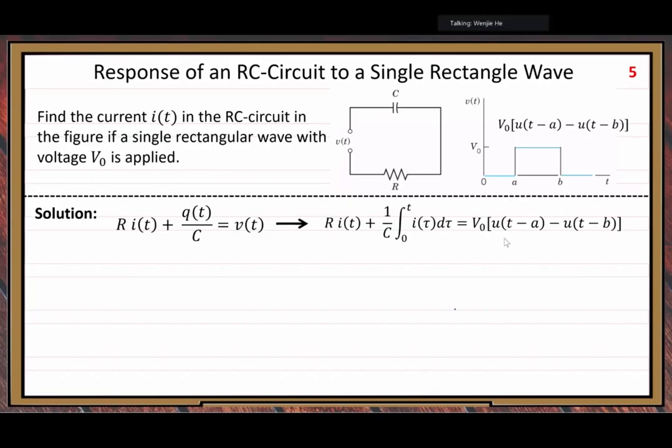But we know integral is closely related to derivatives, right? So one way you see it, if you take the derivative of this integral function, you get the I function, right? You take the derivative. For the Zoom side students, to let Zoom side students see: when you take the derivative of this integral function, you get this I function.